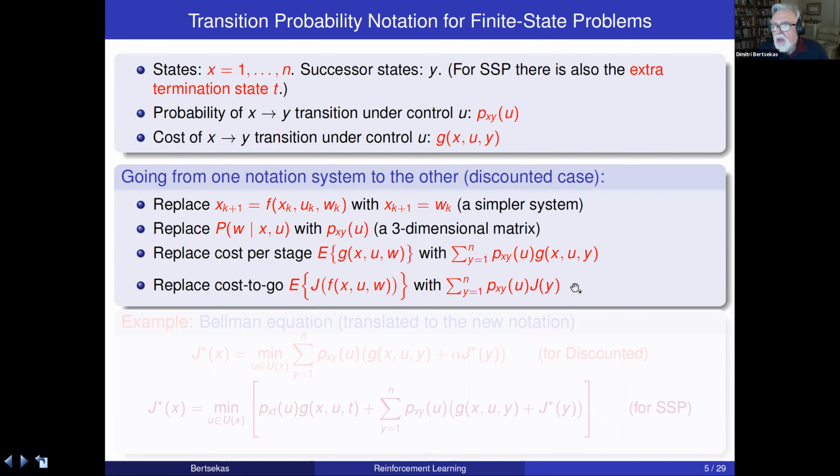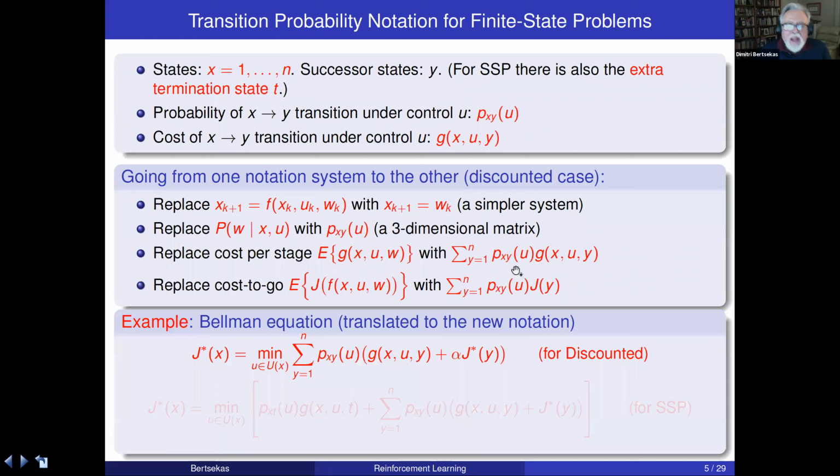So with this mnemonic, Bellman's equation for discounted problems in the new notational system looks like so. This is a system of equations for the optimal cost values. J star is a vector now of n values. Remember that there are n states here.